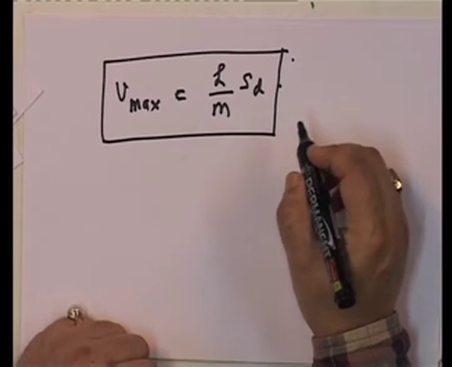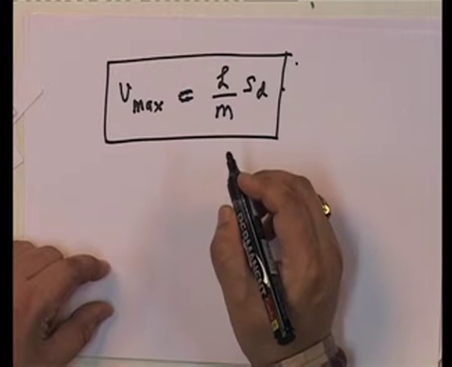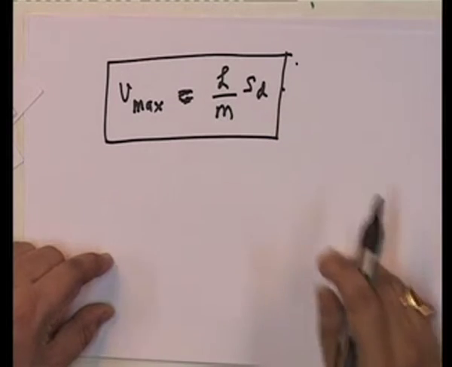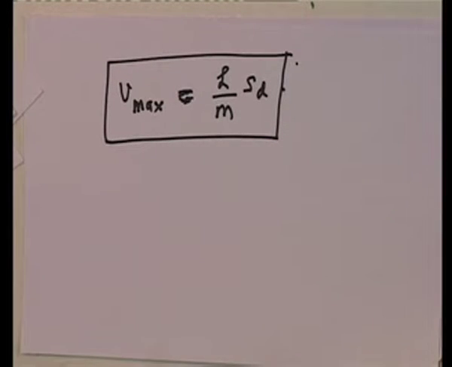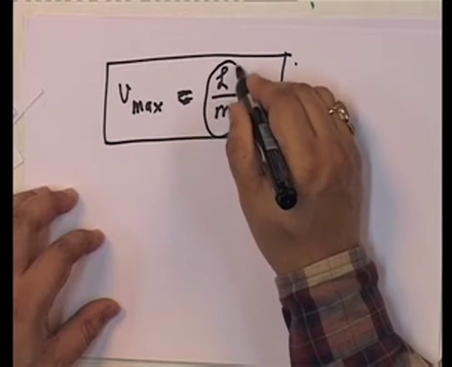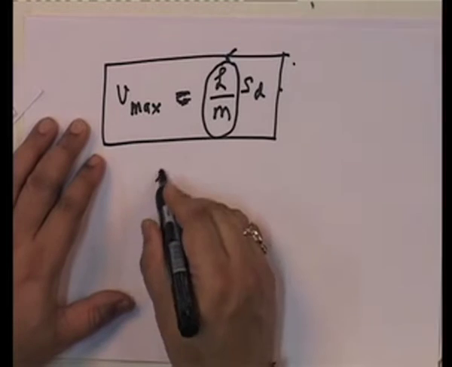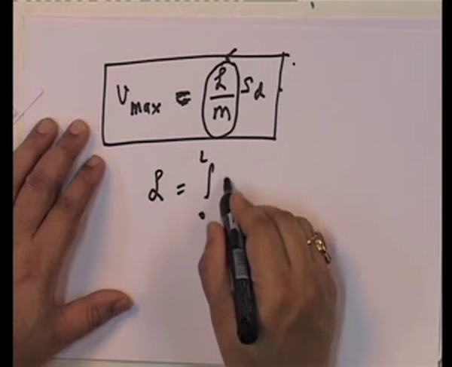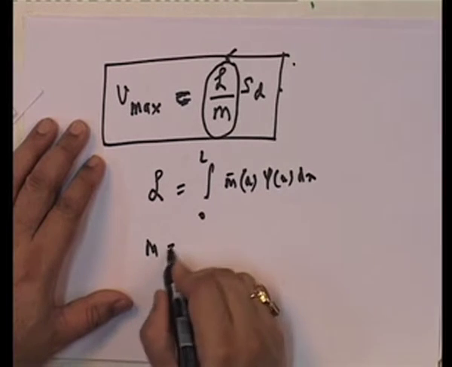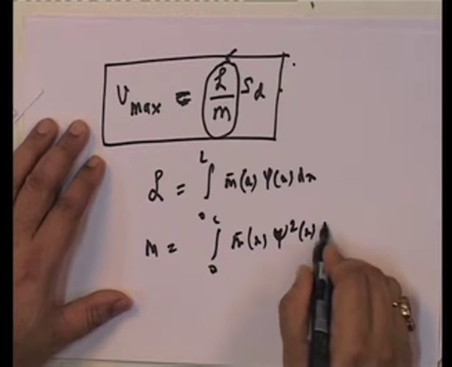Okay, so that becomes my solution. And then of course, we can find out the shear force, etc. we can always find out. But in essence, the point that I am trying to make is that there is a term which has been brought in where L is equal to integral 0 to L m bar x xi x dx and m is integral 0 to L m bar x xi squared x dx.